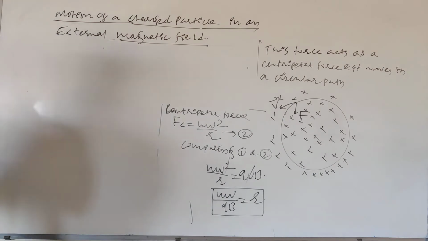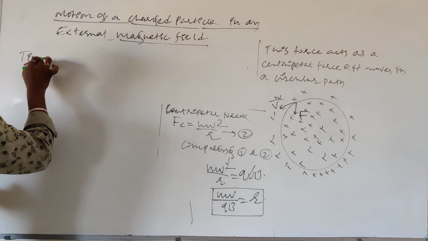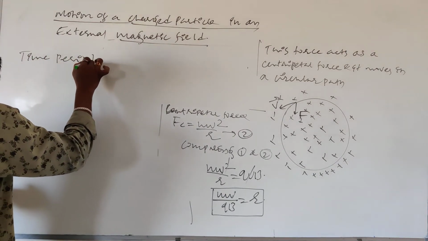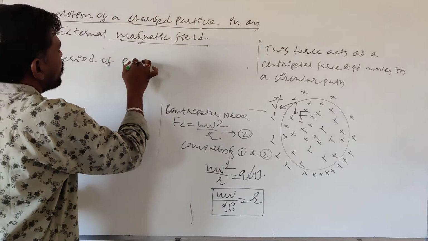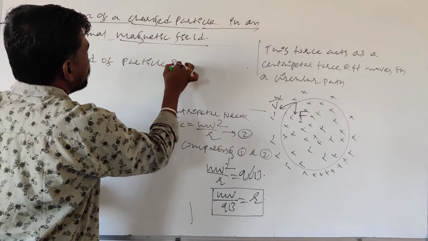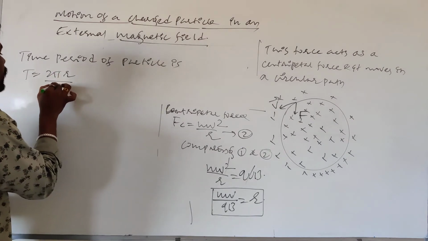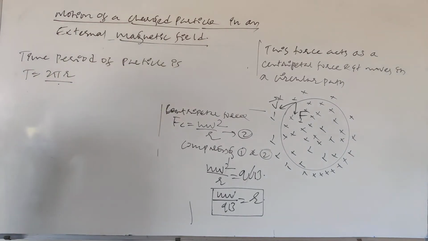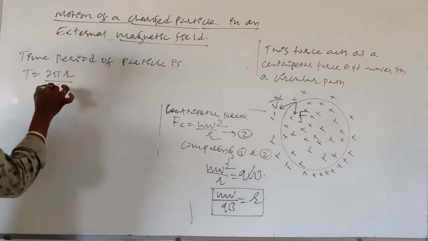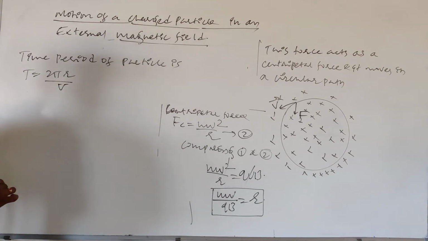Time period of the particle is T is equal to 2 pi r divided by v.